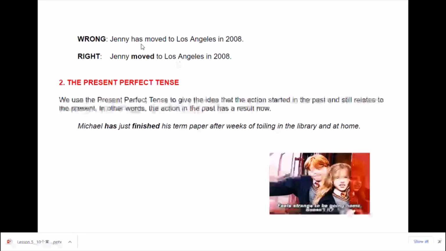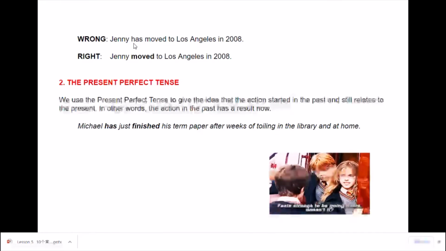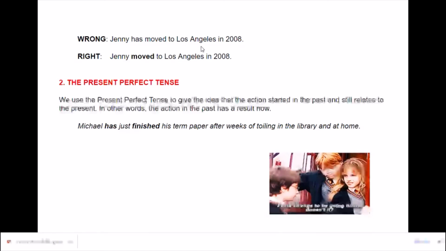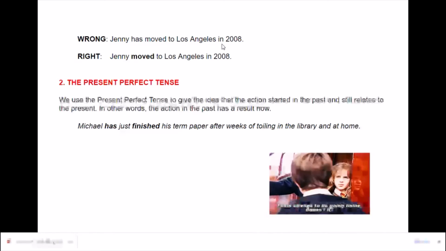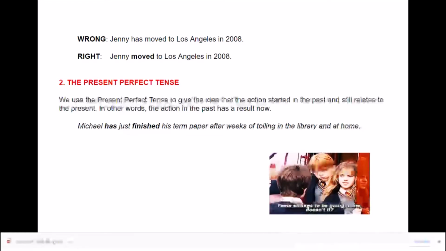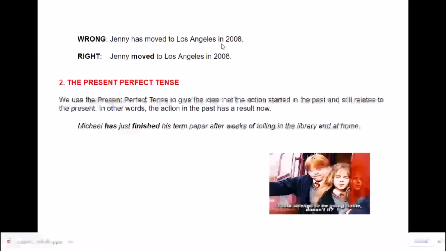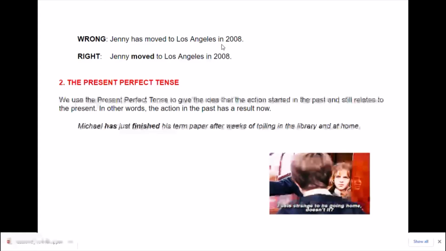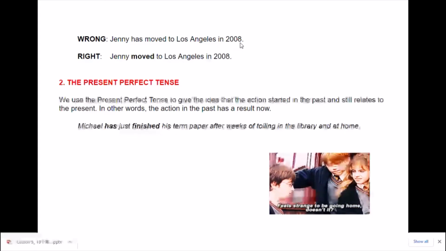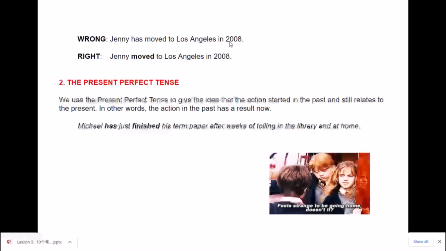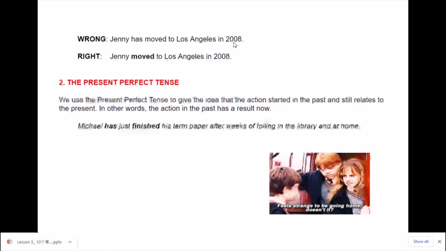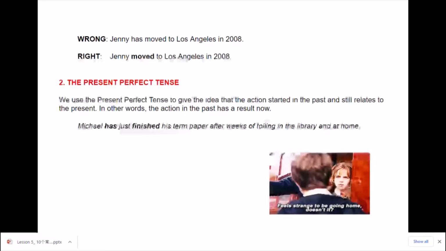Okay? Now let's move on to the error example questions. Wrong. Jenny has moved to Los Angeles in 2008. It's wrong, right? Because you have the adverbial phrase in 2008. In plus a past time. In 1996. In 2005. Whatever, right?